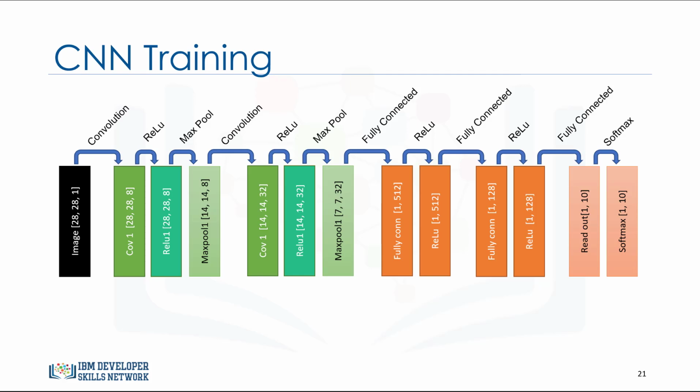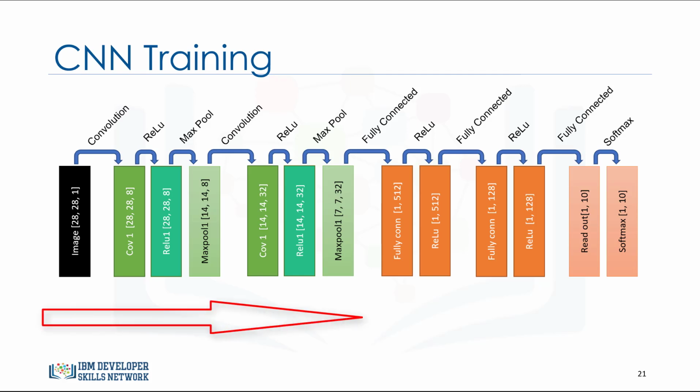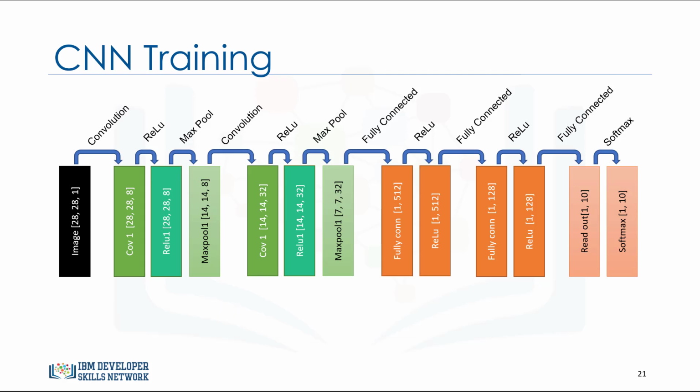Now, let's take a closer look at this architecture and see what happens in the training phase of convolutional neural networks. As mentioned, a CNN is a type of feed-forward neural network consisting of multiple layers of neurons. Each neuron in a layer receives some input, processes it, and optionally follows it with a non-linear output using an activation function.